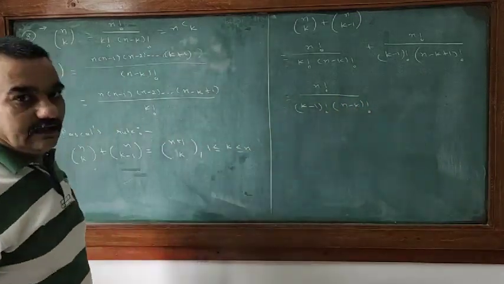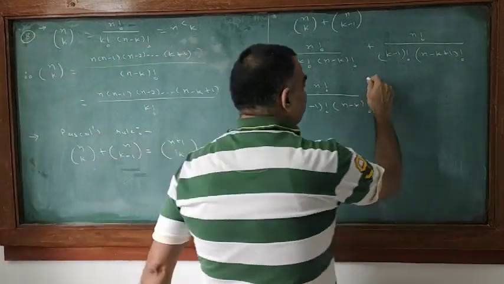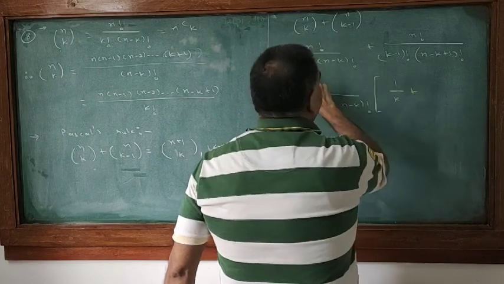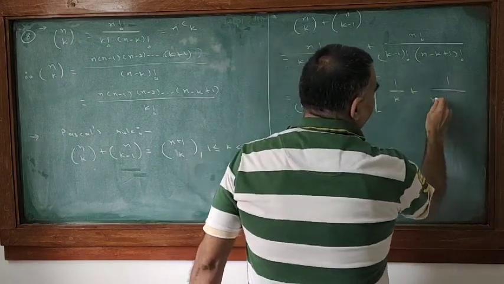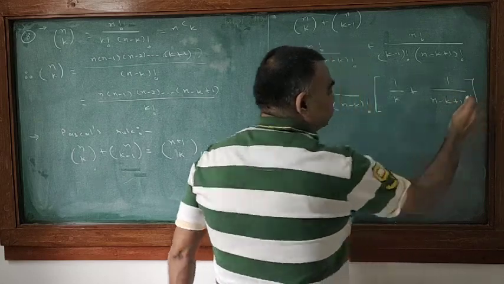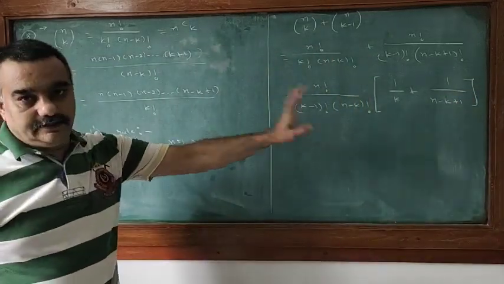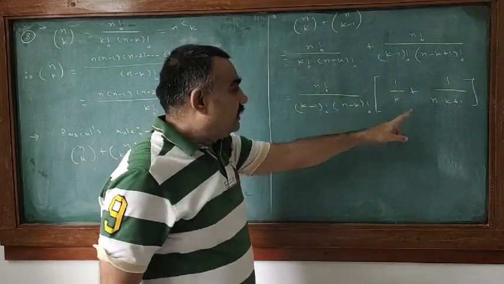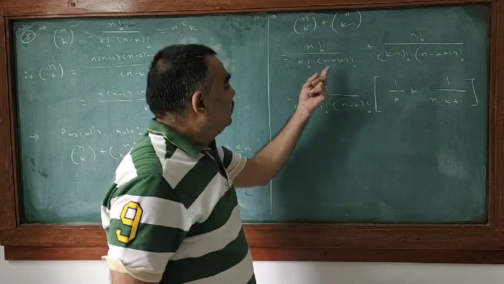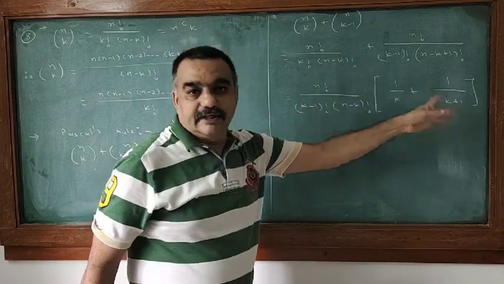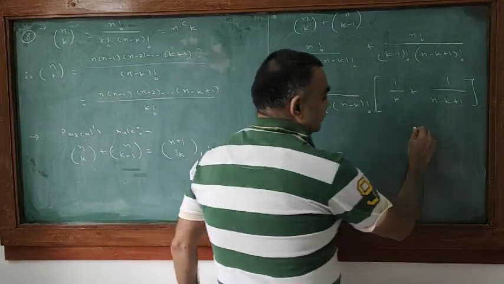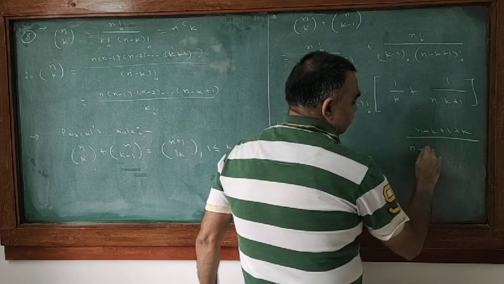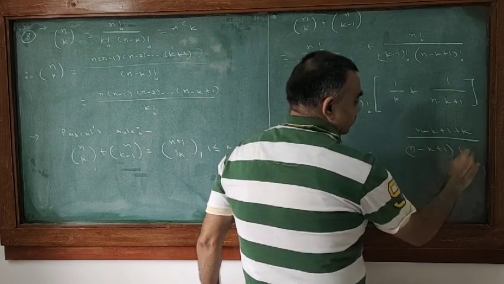These things are common, and what remains is 1 upon k plus 1 upon n minus k plus 1. Here k remains because the rest is in common, and here n minus k plus 1 remains. Now we simplify this: it is n minus k plus 1 plus k upon n minus k plus 1 into k.